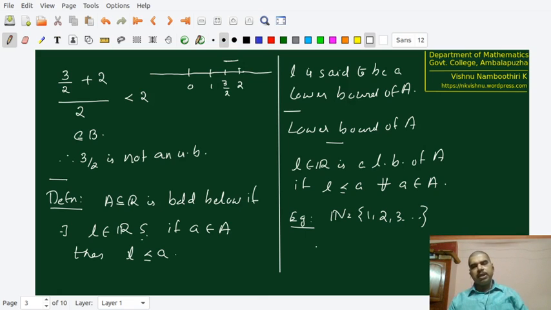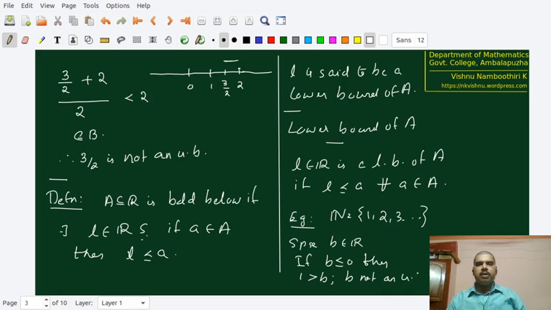Just take the greatest integer function of that particular real number. For example, suppose b is a real number. If b is negative or zero, that is, b is less than or equal to 0, then 1 is greater than b, and therefore b is not an upper bound for n.